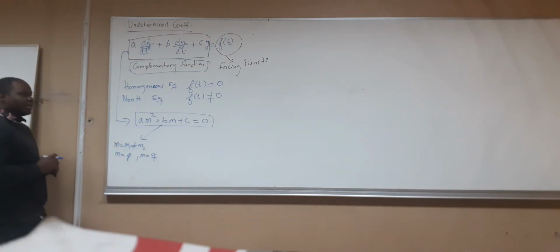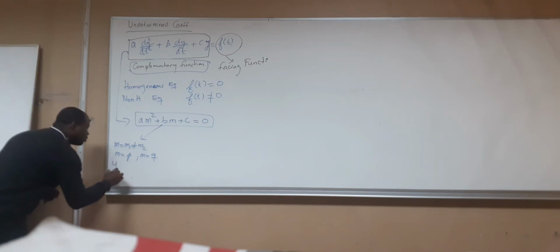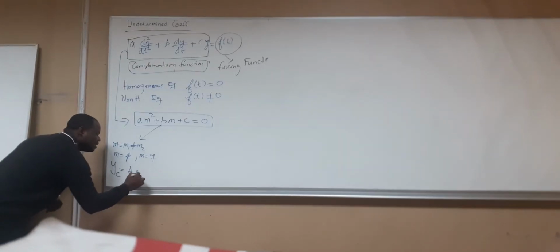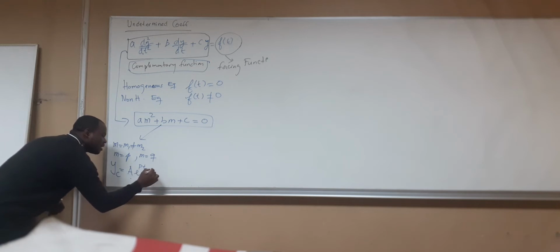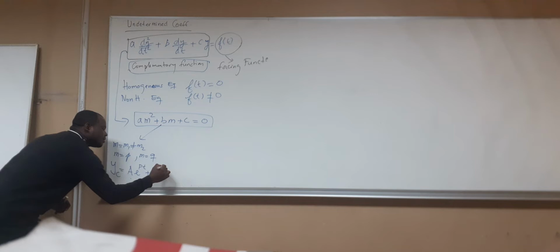How will you write your yc? Your complementary solution will be a e to the power pt plus b e to the power qt. This is the first case.